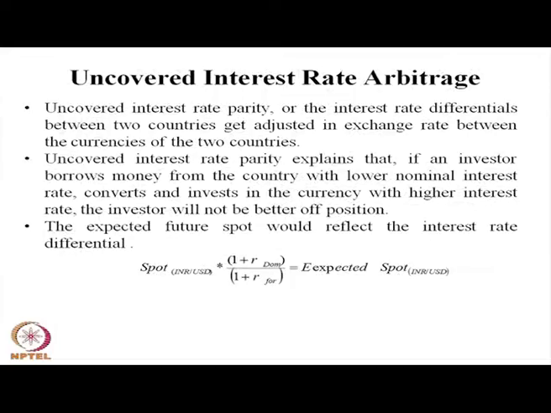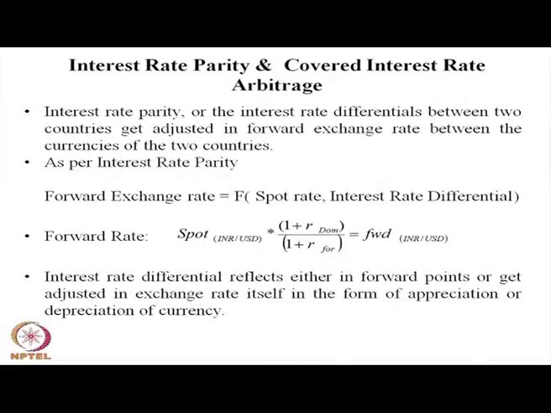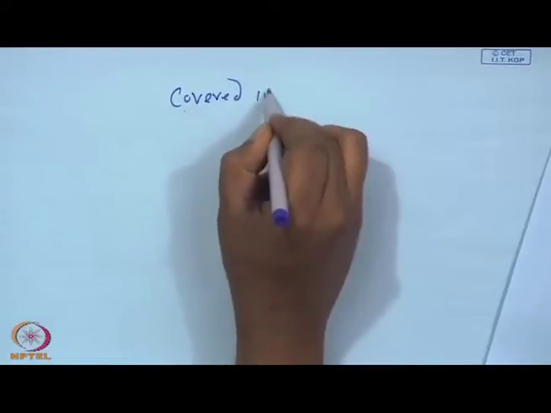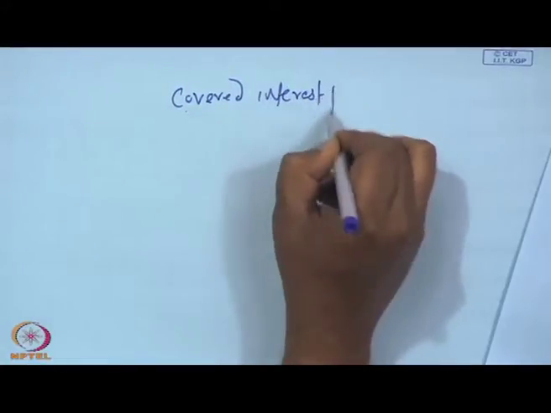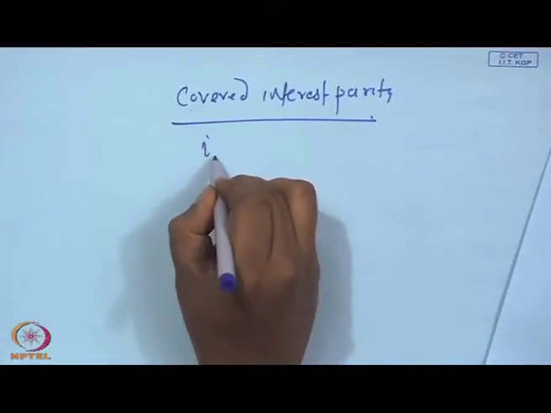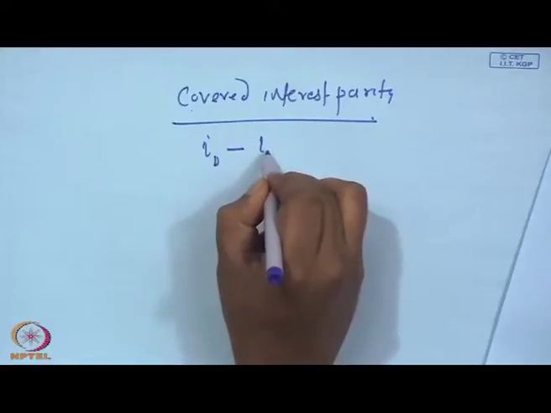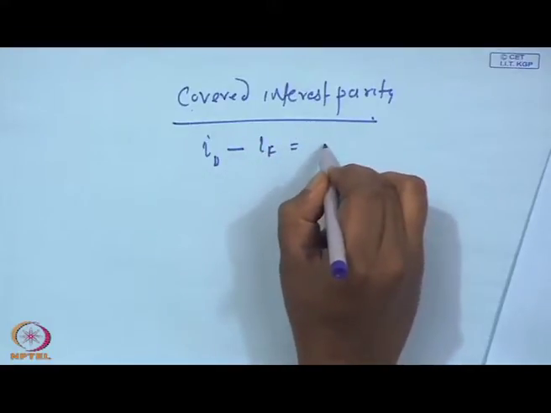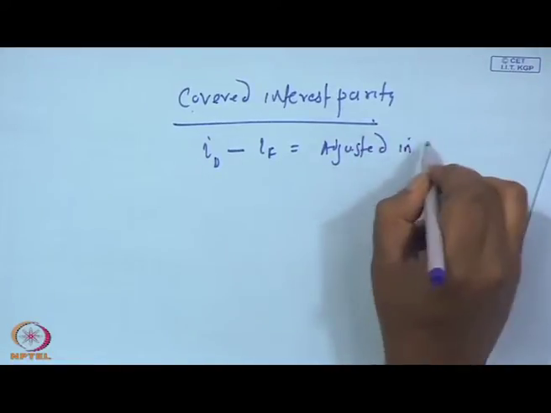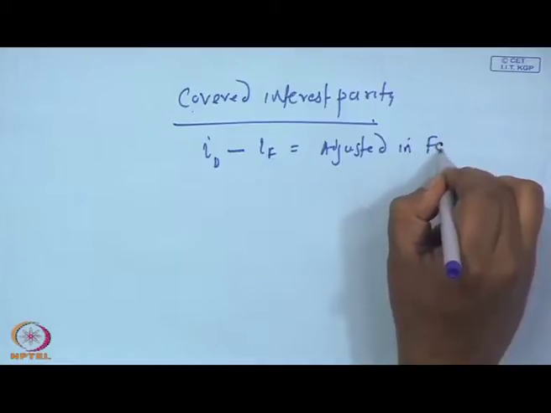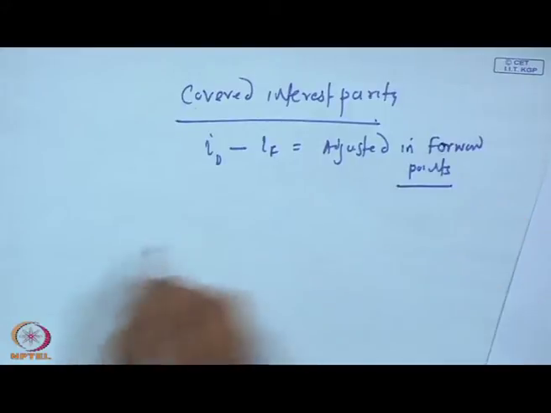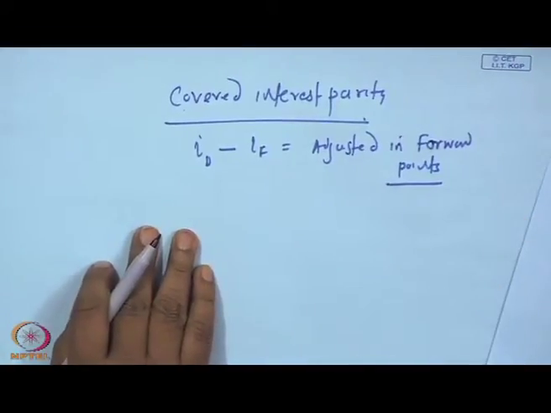As I mentioned, in case of covered interest parity, the interest rate differential, domestic minus the interest rate in the foreign country, is adjusted in the forward point.